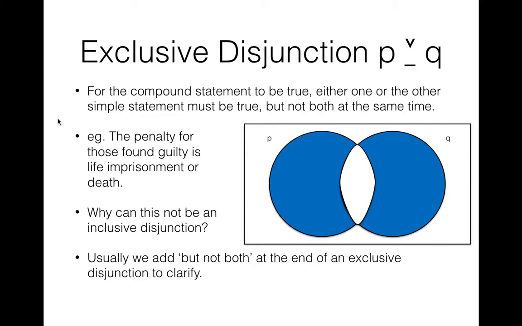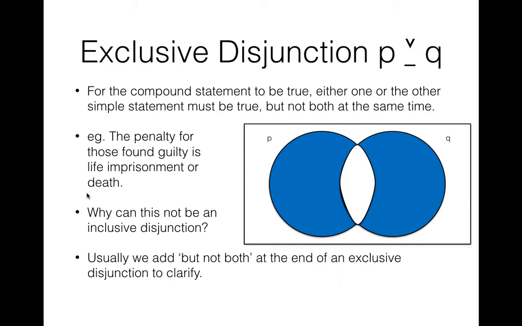Well, clearly this can't be inclusive, because if death is one of the penalties, you can't have death and then be imprisoned for life, because you're already dead. You can't be put on life imprisonment, because that's supposed to last forever, and be put to death.